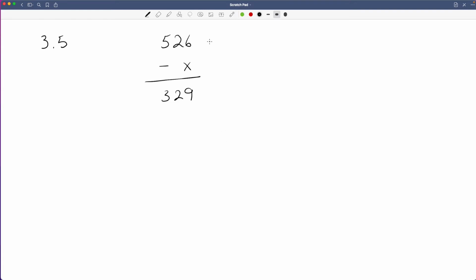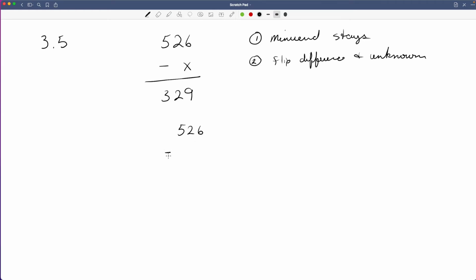So the minuend remains the same, right? Minuend stays the same. And the second step is to flip the difference and the unknown. So we change positions. So what we would do is say 526 minus 329 would equal x. And x becomes the difference.